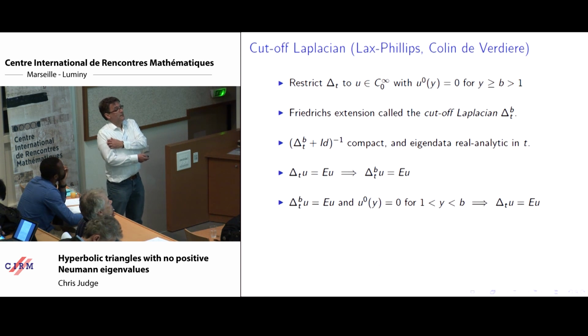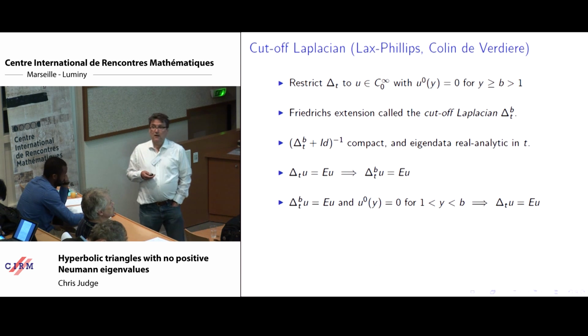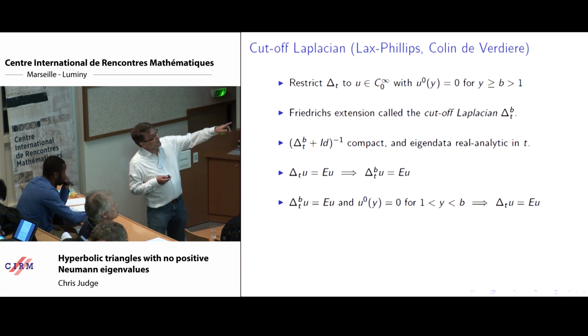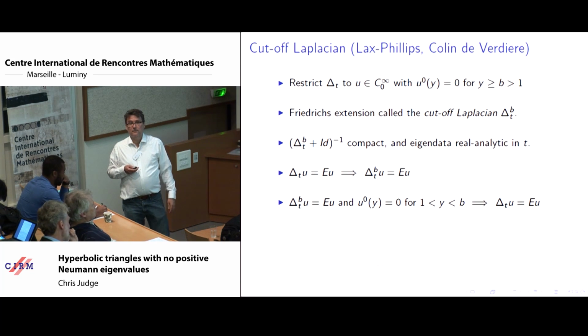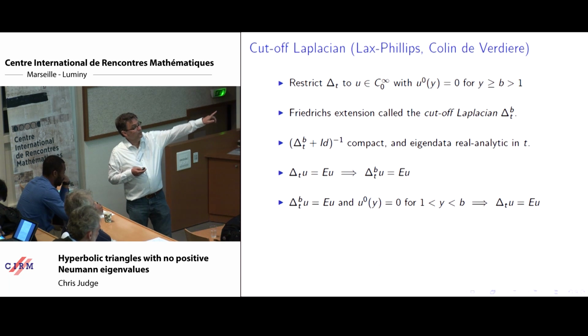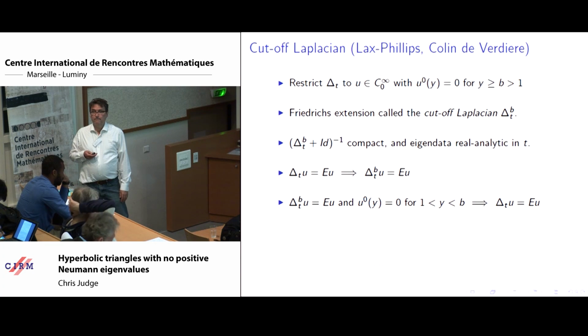Conversely, if you have an eigenfunction of the cutoff Laplacian, but you know that below B the zeroth Fourier coefficient is 0, then it's also an eigenfunction of the original Laplacian. So I can go back and forth as long as I know what the zeroth Fourier coefficient is below B.